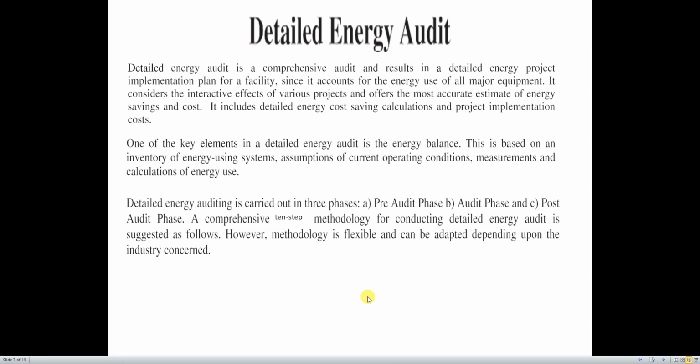Also we have seen what are the different steps or phases in detailed energy audit, which are pre-audit phase, then audit phase and post-audit phase. So these three phases include a 10-step methodology, a 10-step technique for conduction of detailed energy audit.